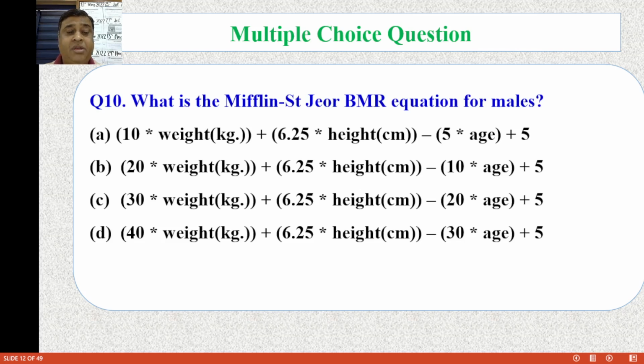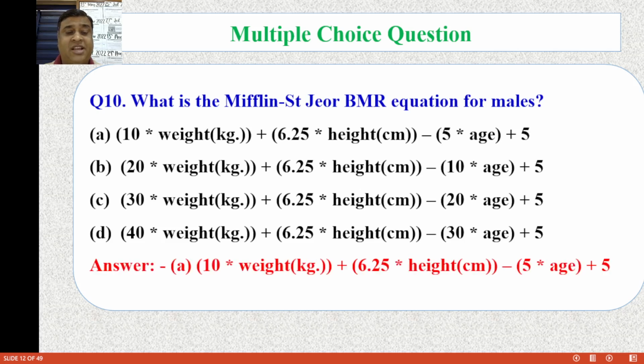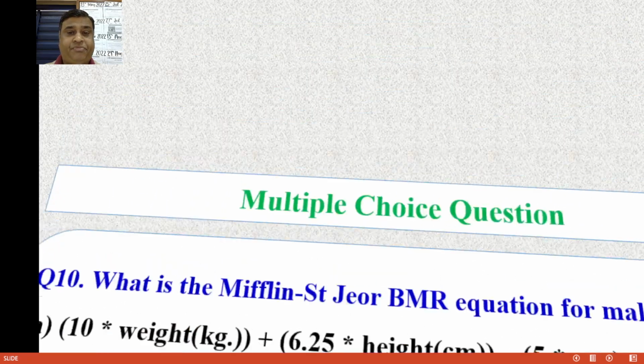Option C, 13 into weight in kgs plus 6.25 into height in centimeters minus 20 into age plus 5. Option D, 40 into weight in kgs plus 6.25 into height in centimeters minus 30 into age plus 5. Now the answer is A, 10 into weight in kgs plus 6.25 into height in centimeters minus 5 into age plus 5.